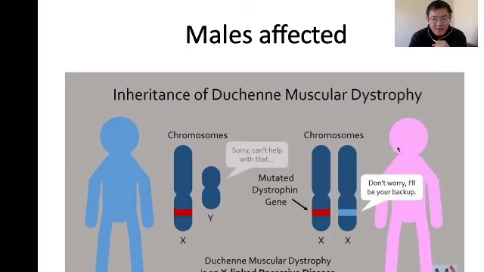The female only has one mutated gene because this is a recessive disease. Since the female also has one normal gene, the female will not have the disease. However, if the male has this one mutated gene, the male will be the patient.